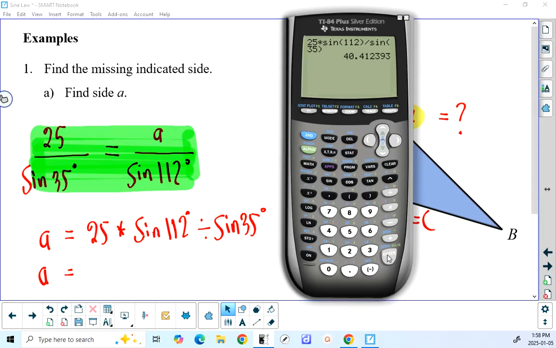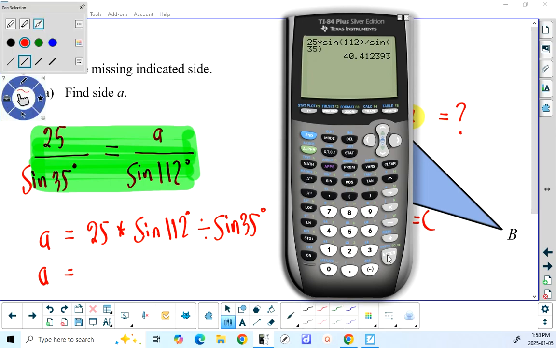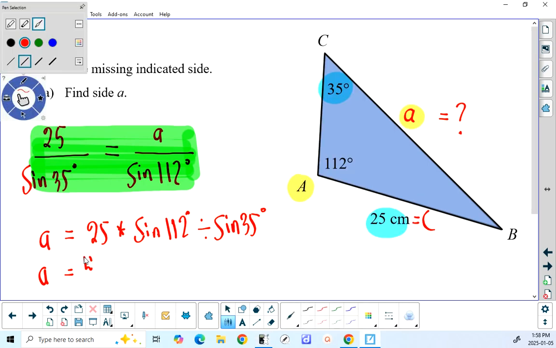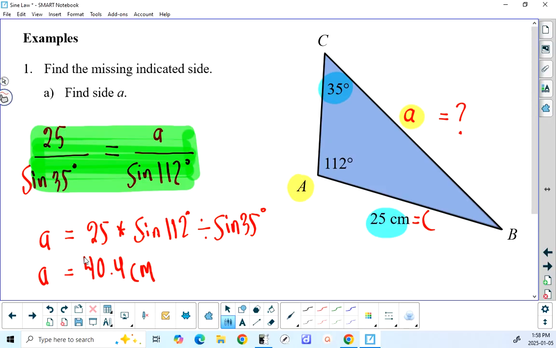So what I get is 40.4 centimeters. I'll just wait a minute here to make sure that everybody is able to get it. And Mr. DeRose will pause the video if it needs to be paused.